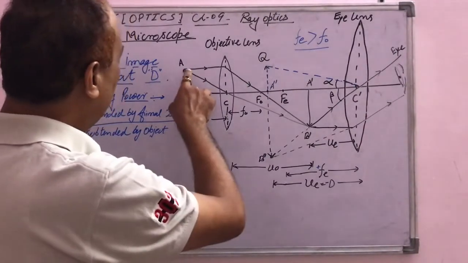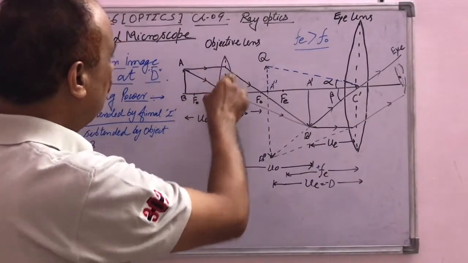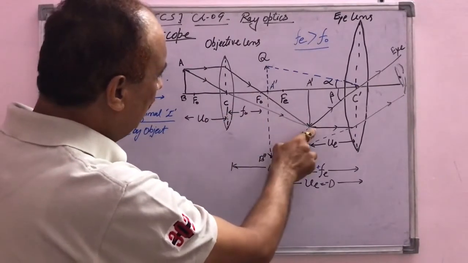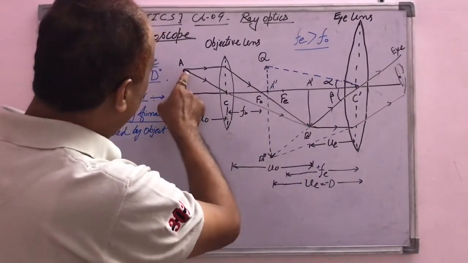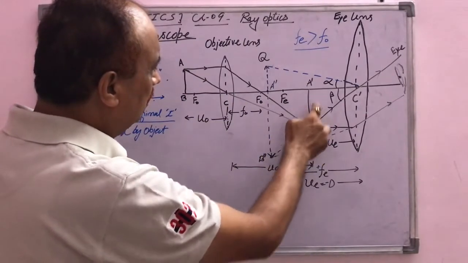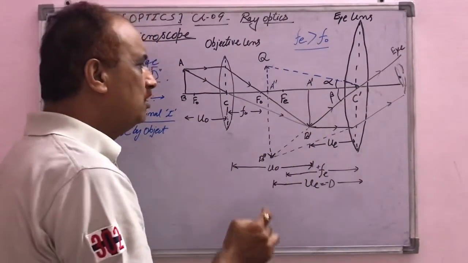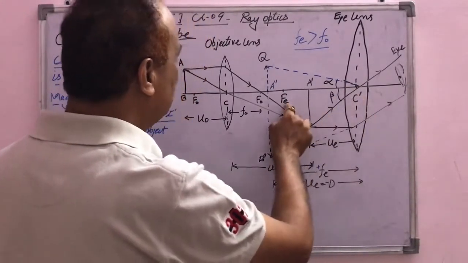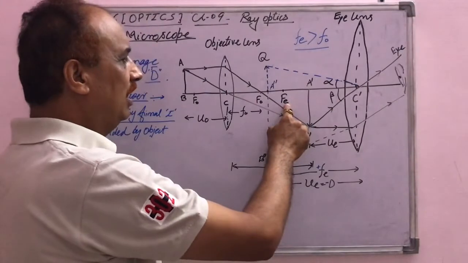When a parallel ray is incident on the objective lens, it passes through the focal point FO, and another ray passes through the optic center. They meet at the point where the A dash B dash image is formed, between the optic center of the eye lens and the focal point of the eye lens.